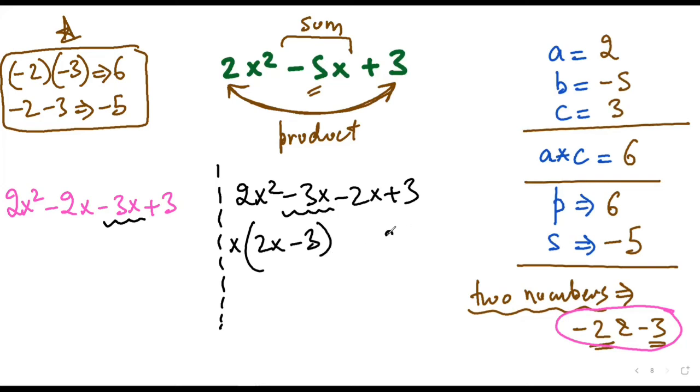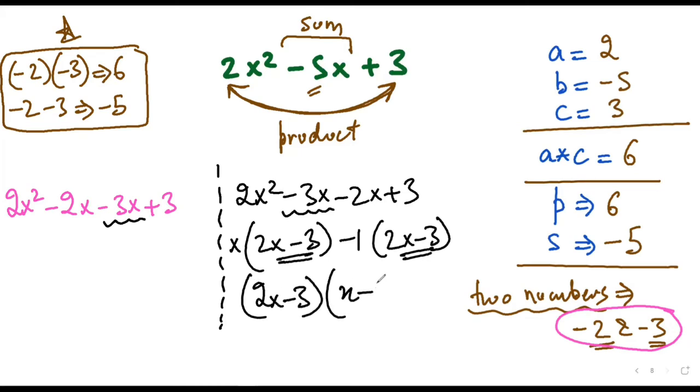The logic would remain the same. Find the common terms. I have found the common terms. This term and this term should remain the same. So 2x minus 3 is pulled out. I will remain with x minus 1. And when I look at the expression on the left side, again 2x will come out, x minus 1.